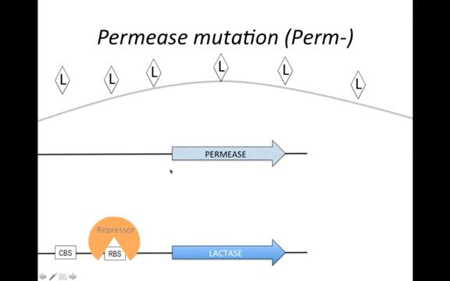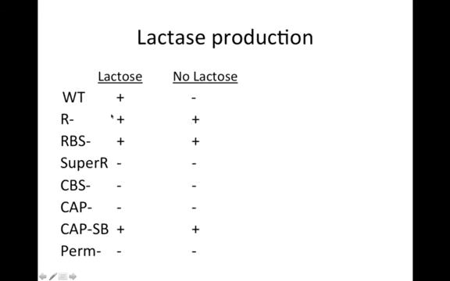And so whether or not we put these cells in the presence or absence of lactose, lactase is going to be repressed because the lactose cannot get into the cell. And so we have our permease mutant down here, our permease minus, and we see that whether or not there is lactose, we do not expect production of lactase.